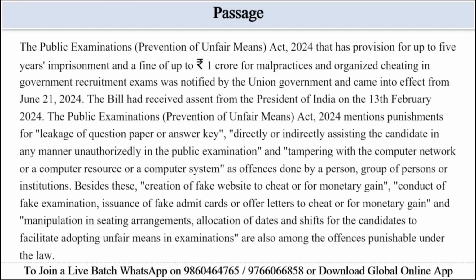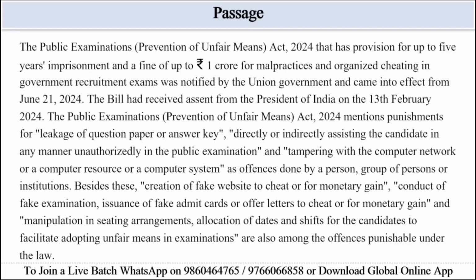The Public Examinations Act 2024 mentions punishment for leakage of question paper or answer key, directly or indirectly assisting the candidate in any manner unauthorizedly in public examination, and tampering with the computer network, computer resources or computer system, as the offense is done by a person, group of persons or institution.